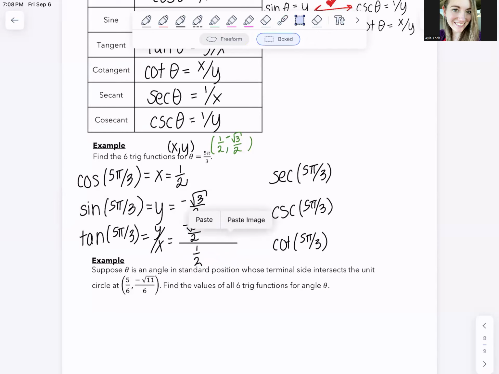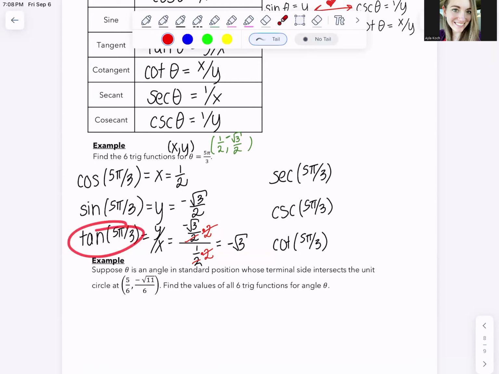Easiest way to do this is to multiply the numerator and the denominator of the big fraction by 2. That will cancel out. You're just left with negative root 3 over 1, which is just negative root 3. So tangent of 5 pi over 3 is negative root 3. Let me highlight these answers here.